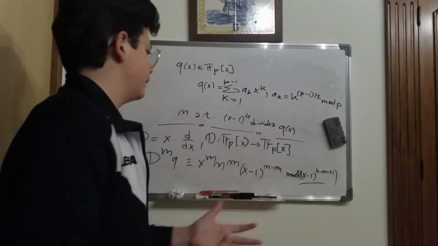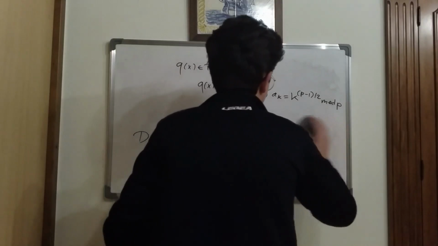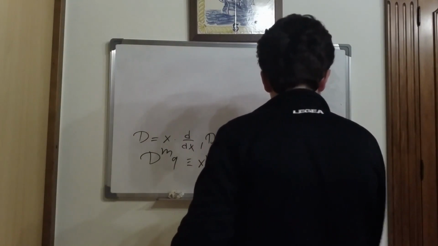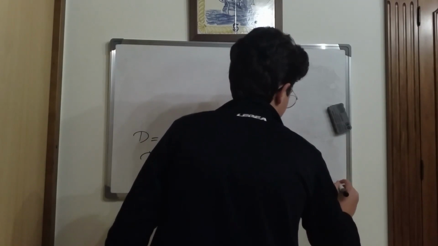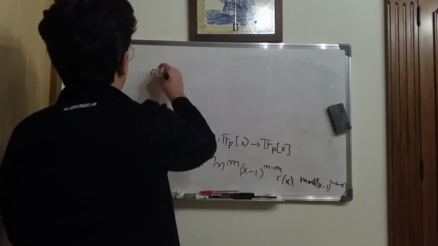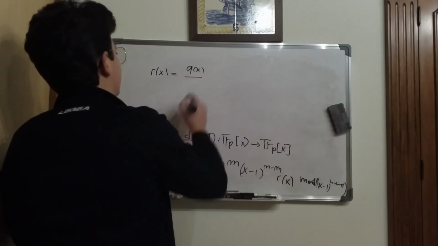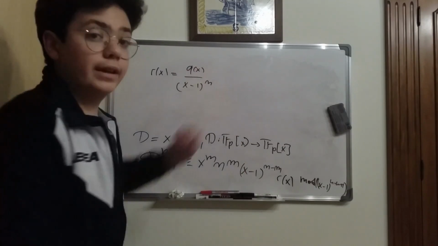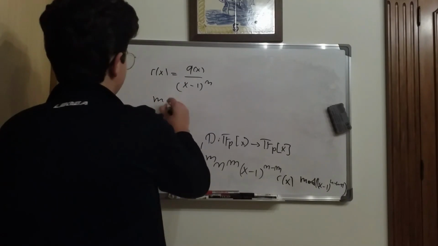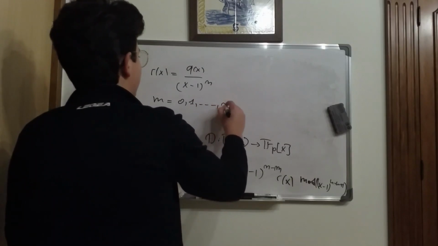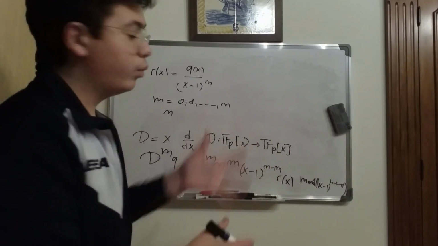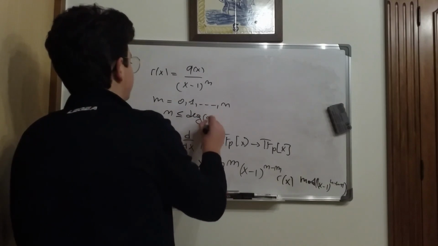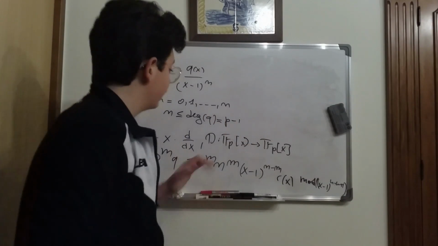when I study what happens for x equal to 1, I have r of x, okay, modulo x minus 1. r of x is equal to q of x over (x minus 1) to n, where now m is equal to 0, 1 until n, and n is smaller or equal to the degree of polynomial q, and this is p minus 1, okay.